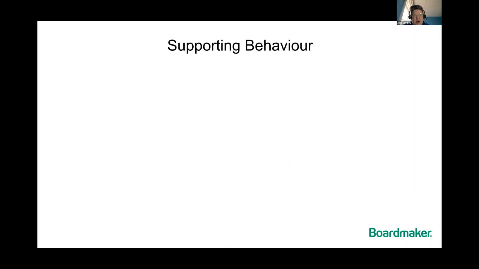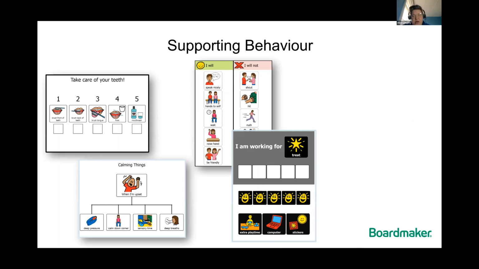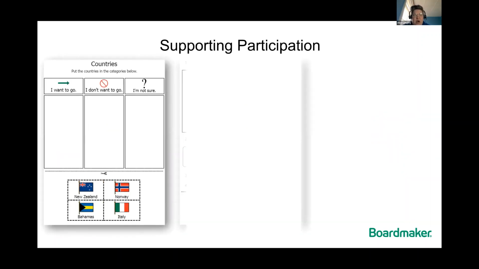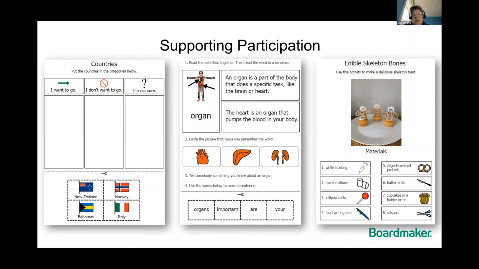We can even go beyond that and look at things like visual supports, whether it's to support independence. And we've also got a range of resources that help with participation in education as well.